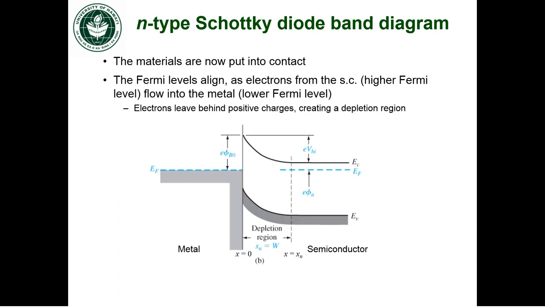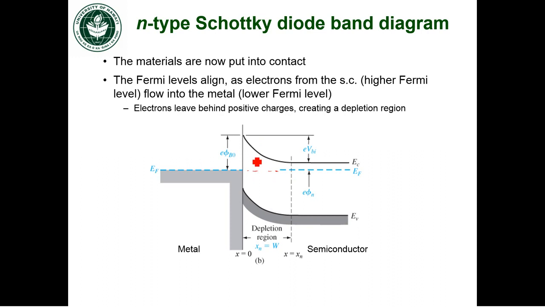Okay, so that's shown in this band diagram. The Fermi level is now constant throughout the metal semiconductor junction. But in order for that to happen, I had electrons that had to flow from the semiconductor into the metal.